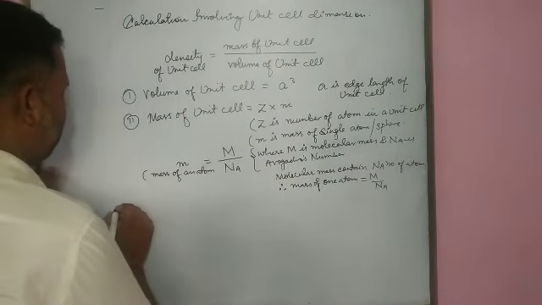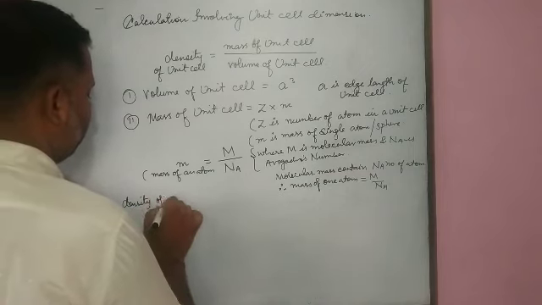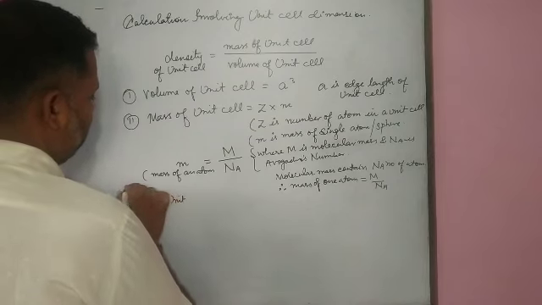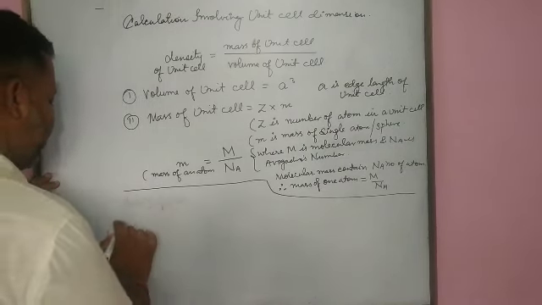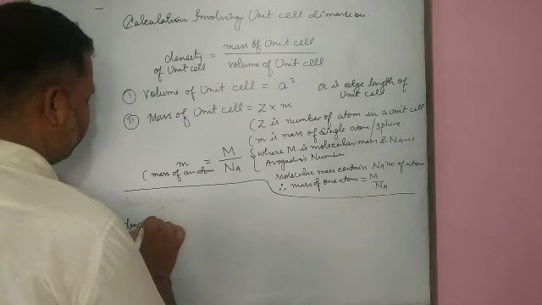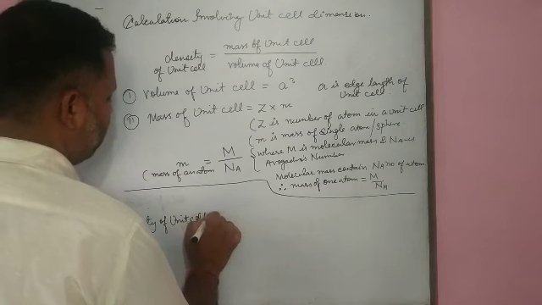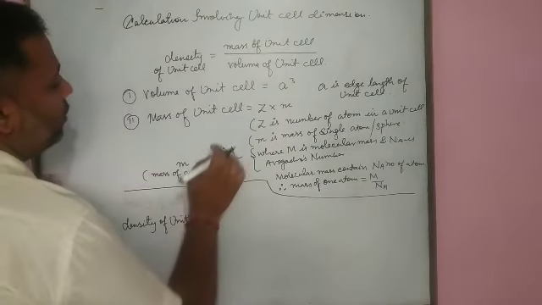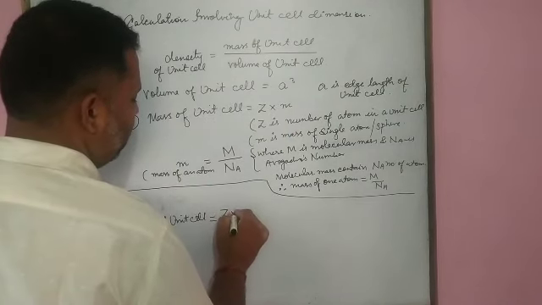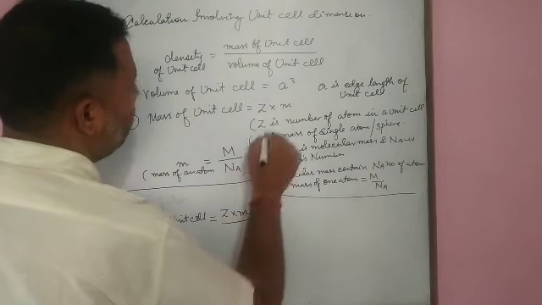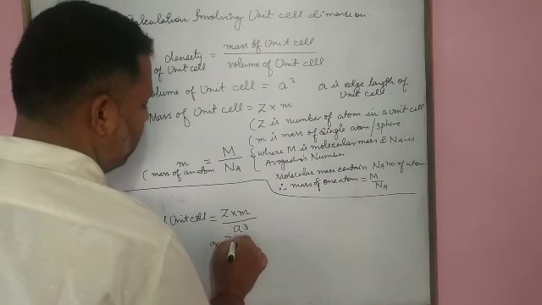What we got is the density of the unit cell. Density of the unit cell is equal to mass upon volume, where the mass of the unit cell is Z into M, divided by a cube.